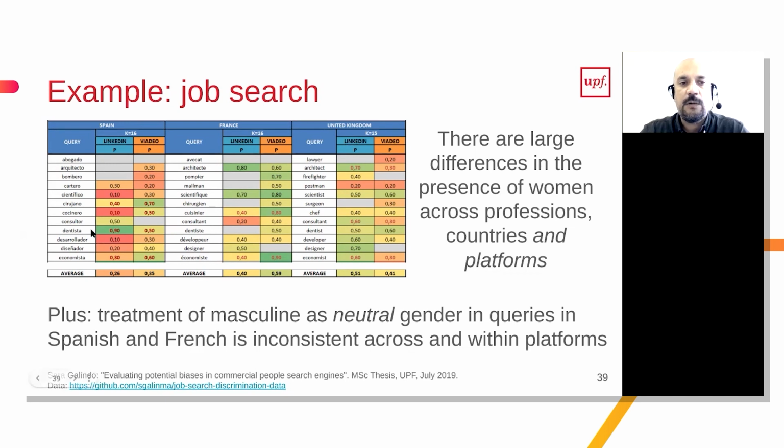So in this case, what we observed was that there were certain professions for which, if you search for the masculine form, the search engine interprets this as masculine or feminine and shows results from both groups. But there are other professions in the same search engine, in the same platform, for which if you search for the masculine, it means men. And if you search for the feminine, it means women. Right? So there are inconsistencies even in both Spanish and French within the same platform as the way in which a query is expanded. This is called query expansion.